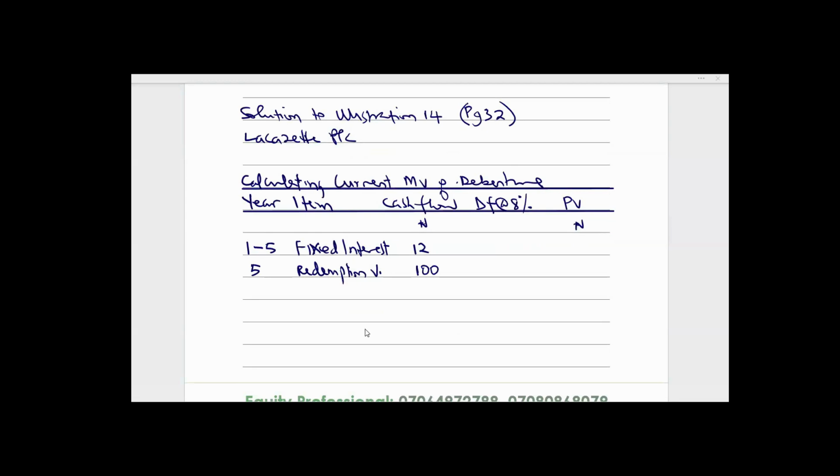So 1.08 raised to power 5, minus 1, divided by... sorry, there's an error somewhere. I did not put the right number. Okay, 1.08 raised to power 5, minus 1.